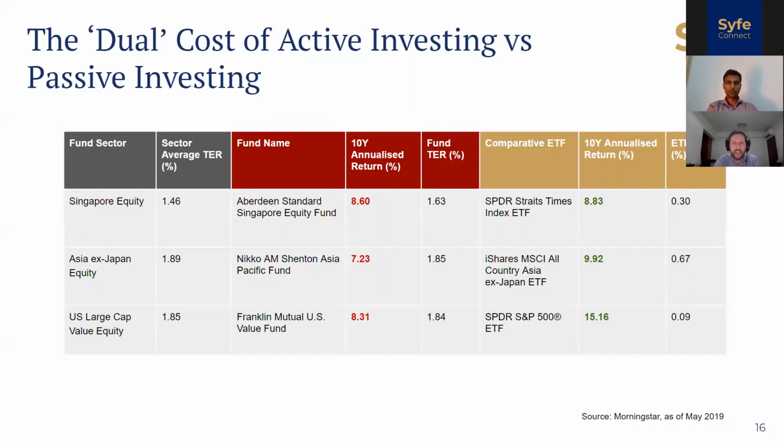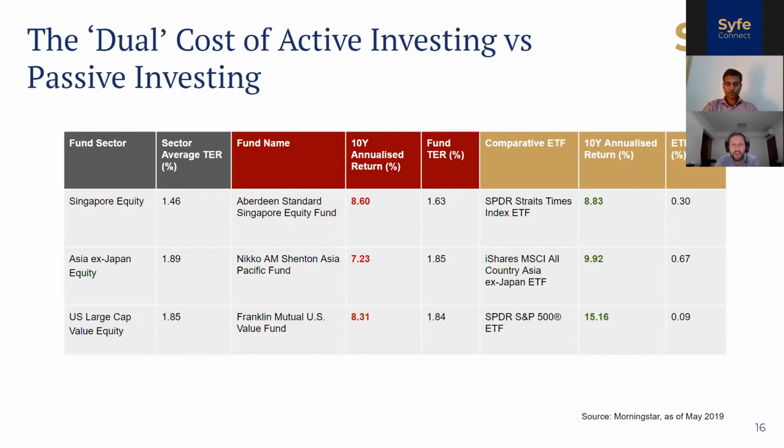older cousin, active investing, you can actually see from this chart there's a dual cost nature going on. So what we can see on this particular table is 3 different fund sectors. An example of an active fund manager is the shaded area in red, and an example of an ETF is the figures in gold.